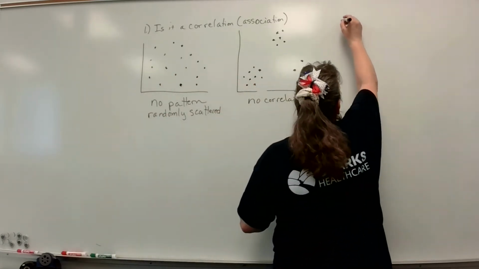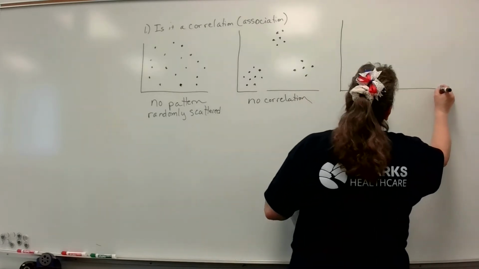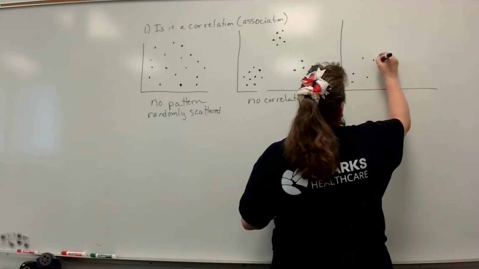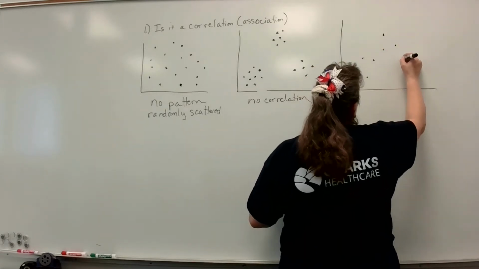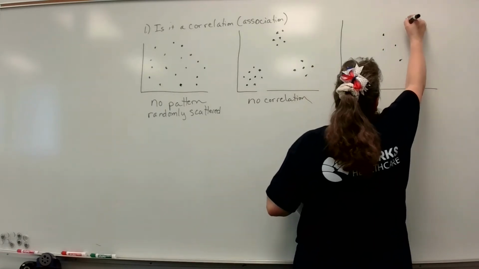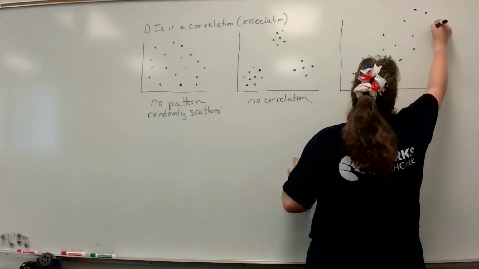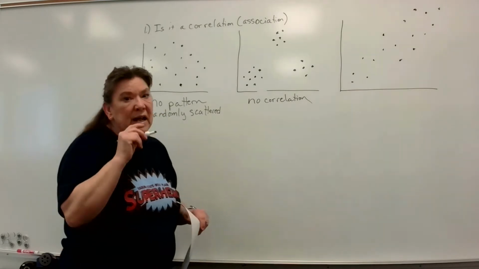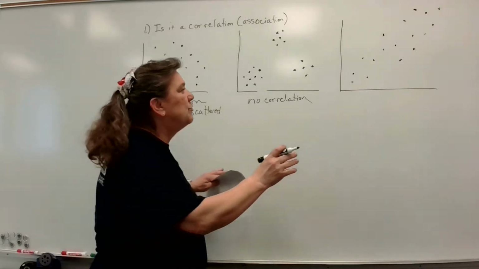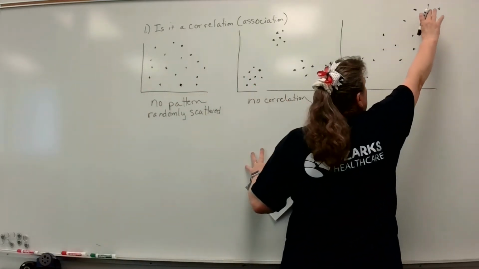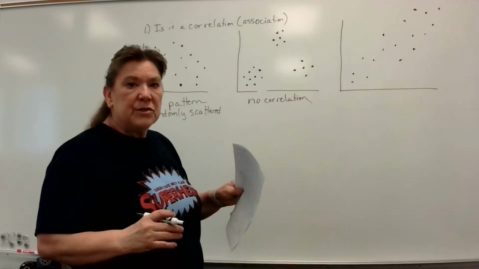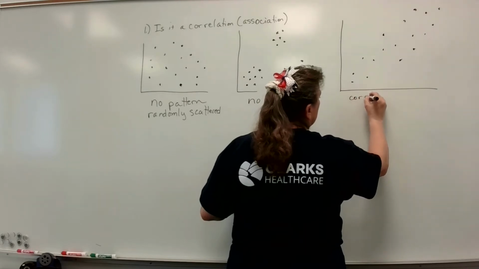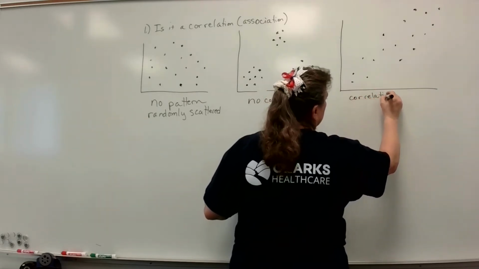Whereas this pattern that has a grouping, but it's a grouping that has a tendency to run in one direction. So therefore, this one is correlation. This one is correlation or association.